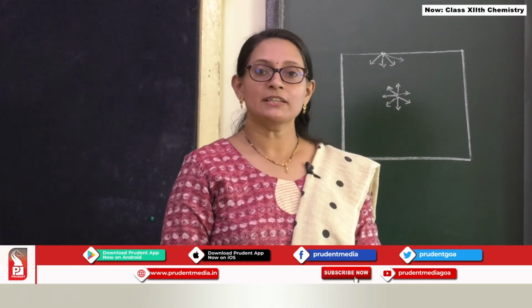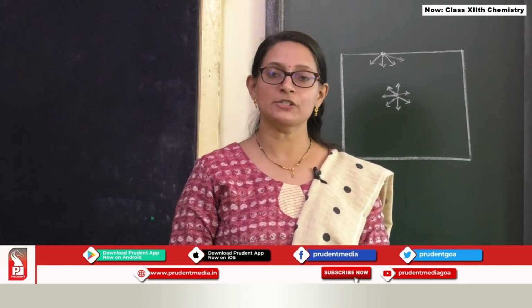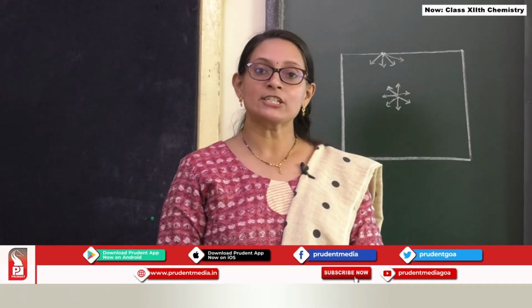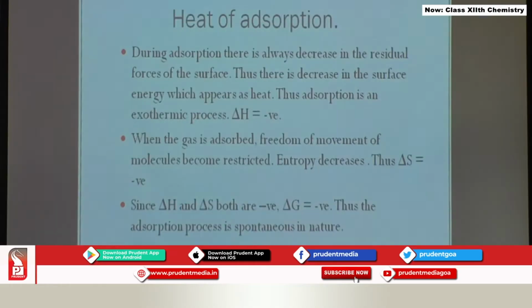We have just now seen the mechanism of adsorption, and since in adsorption the residual forces are getting reduced, the surface energy also gets reduced, and since the surface energy gets reduced, delta G becomes negative. That means adsorption is an exothermic process.